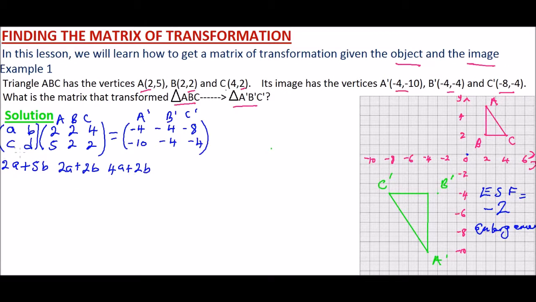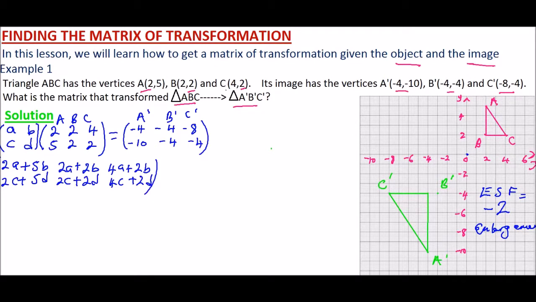We come to the second row. C times 2 gives us 2C, plus D times 5 gives us 5D. Then C times 2 gives us 2C, plus D times 2 gives us 2D. And finally C times 4 gives us 4C, plus D times 2 gives us 2D.